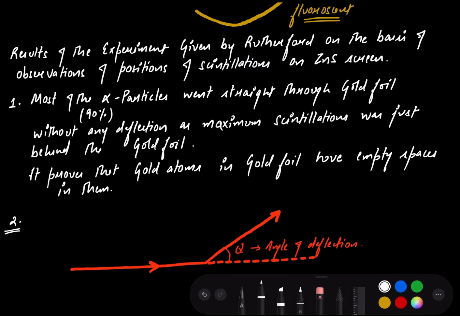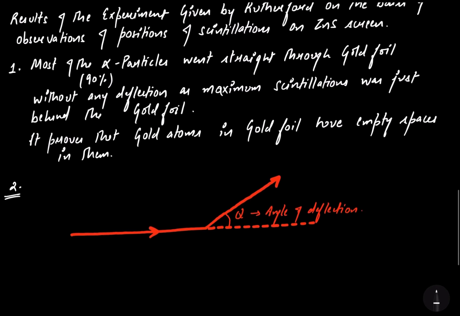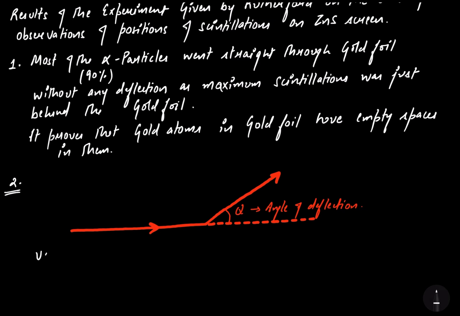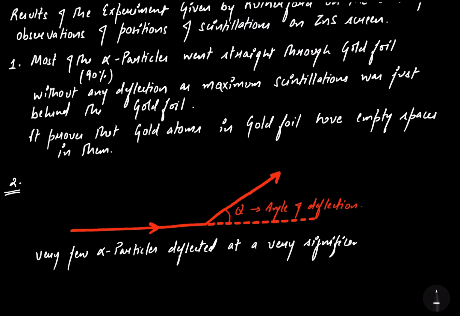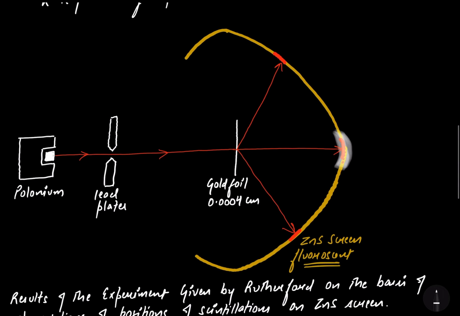So now let's talk about the second observation in detail. I'm writing: very few alpha particles deflected at a very significant angle. Let me come back to the diagram. Which alpha particles?